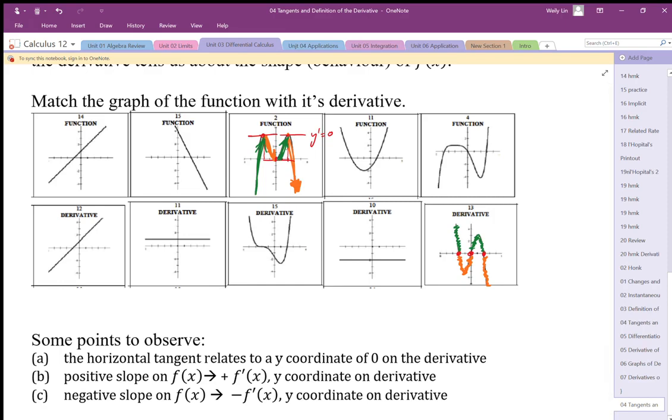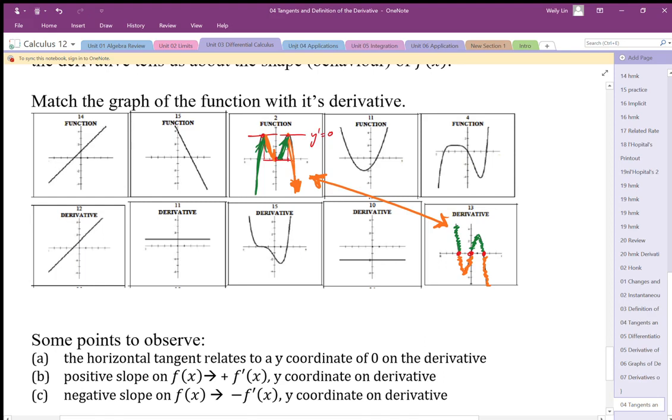So these two graphs definitely connect. That's the original function here, and the derivative of that graph is here. So those are the 3 main points that we want to look at, and this is how we're going to determine whether a function is a derivative match.